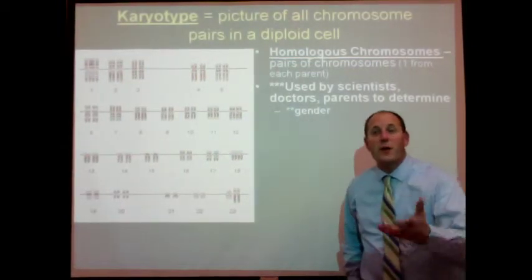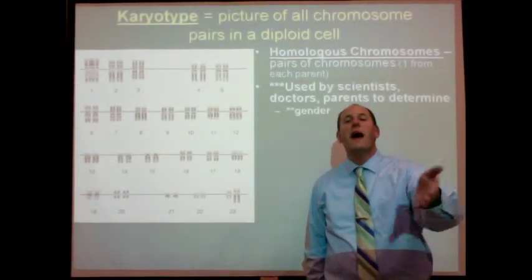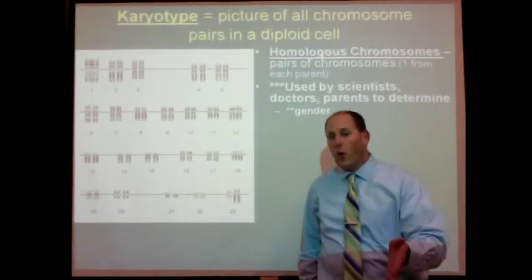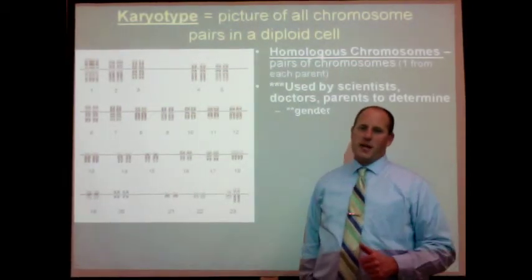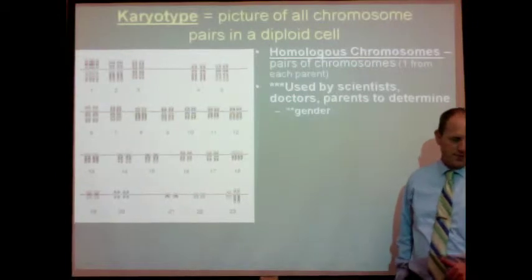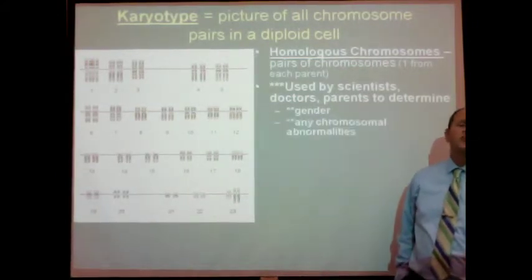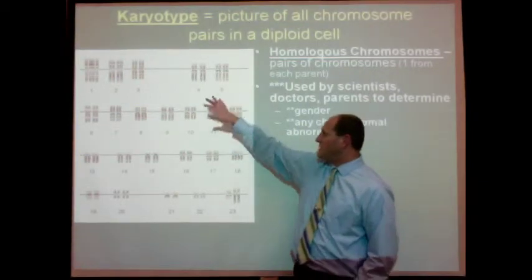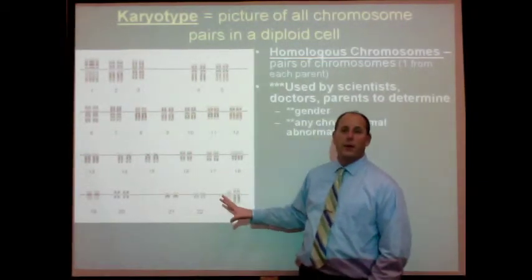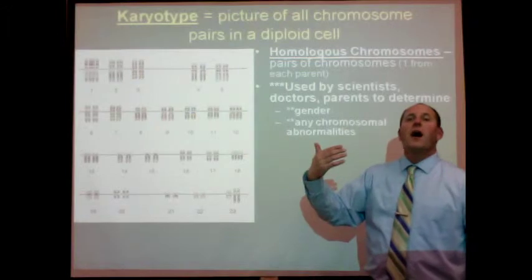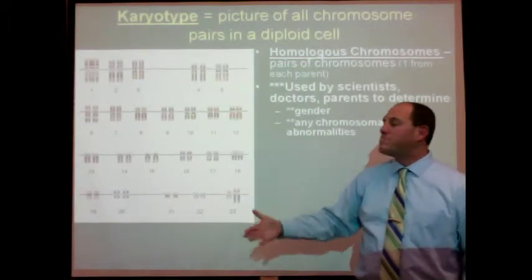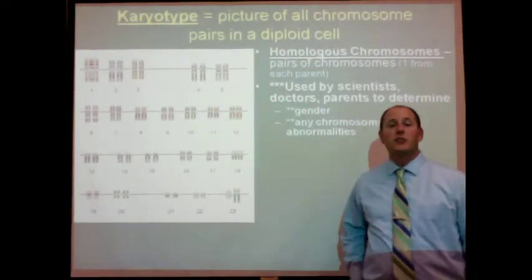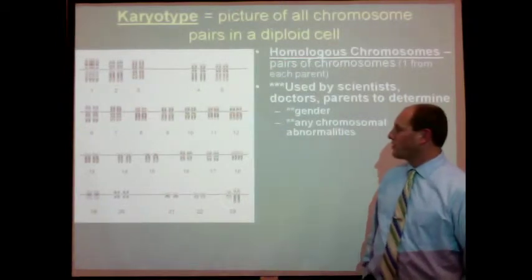We can actually figure out what the gender is of our unborn child before that ultrasound can tell us. We also use it to determine if there's any abnormalities, if there's any differences in these chromosome numbers that's going to have a significant impact on the individual that has those particular chromosomes.